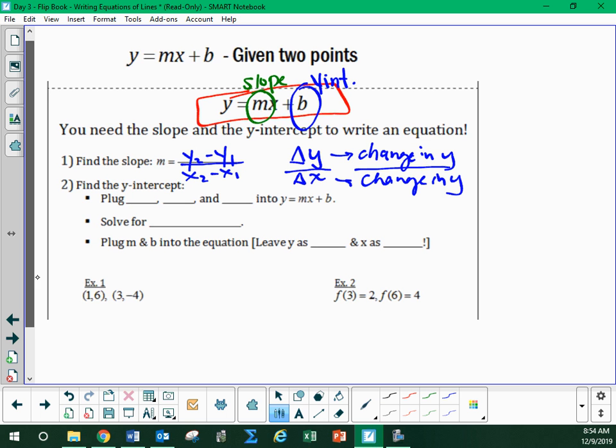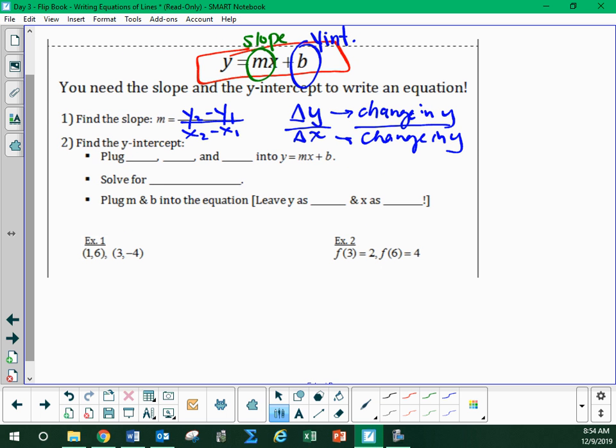And let's go ahead and do example 1 as we go through the directions here. So this is my x1, y1. And then for my second ordered pair, this is x2, y2. Alright, so for my equation for slope, I do y2 minus y1, so negative 4 minus 6 over x2 minus x1, 3 minus 1.